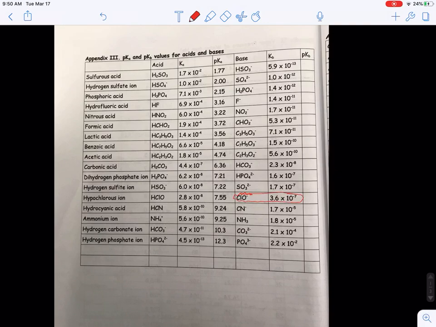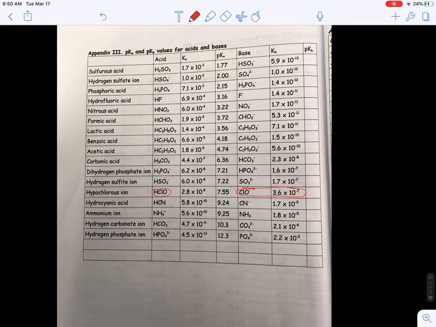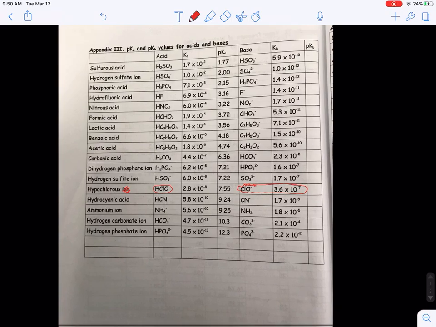And it has a Kb value there that we'll use in a second. And here's the conjugate acid, okay? This is hypochlorous acid. There's a mistake kind of here. This is hypochlorous acid, okay? And this is hypochlorite. All right.